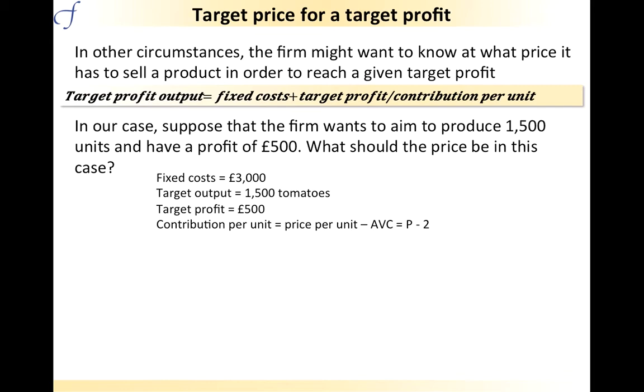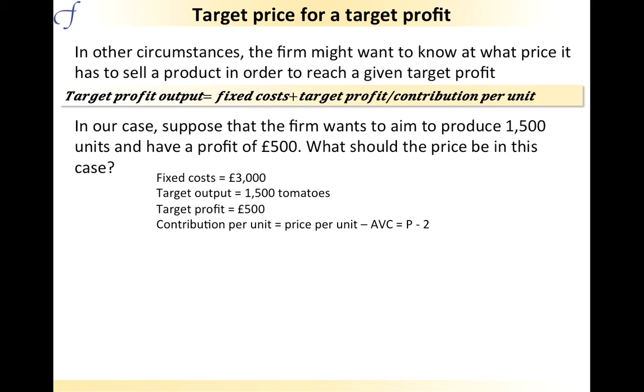Other times, the companies might want to reach a certain level of profit with a certain level of units sold. And in that case, the variable that they have to decide is what is the price at which they need to be selling their units in order to reach that target level of profit.